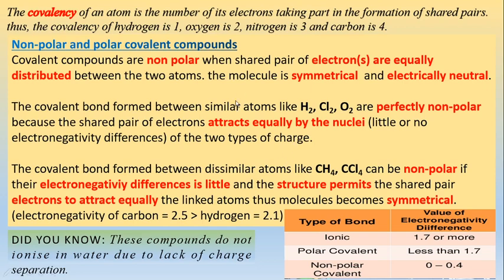Which means in the structure of CH4, C is present at the center and on all four sides hydrogen atoms are present. That is the structure, right? At the center carbon is present, the hydrogens are at equal distance, and each hydrogen atom has equal force of attraction from the carbon at the center.